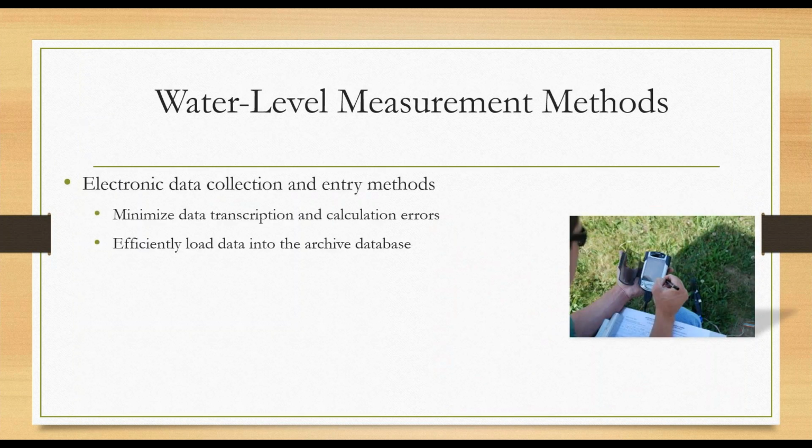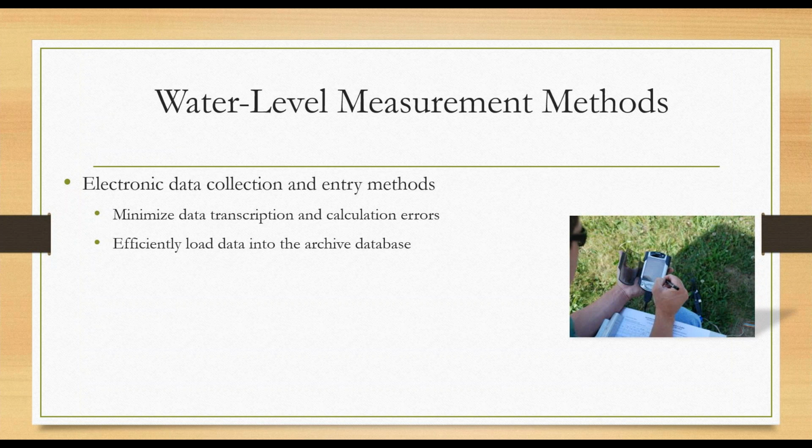Okay, now I'm going to go over a few ways that we collect data. So electronic, the methods. We try as much as possible to use electronic data collection, entry, and database entry methods. We do this because it minimizes data transcription errors and calculation errors.